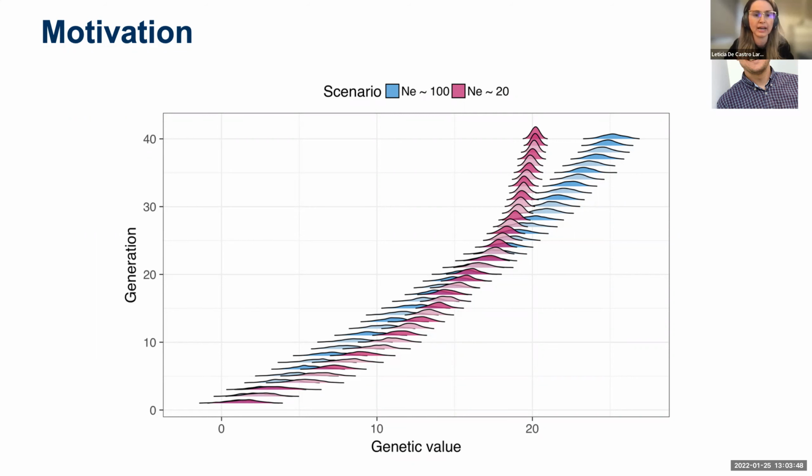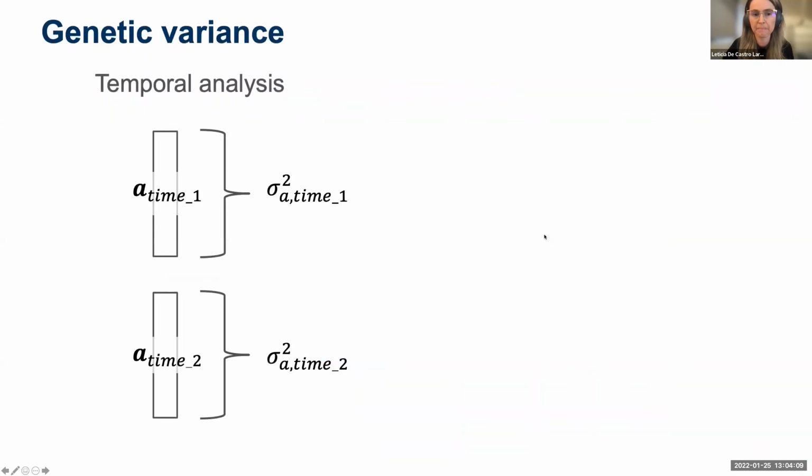So basically, they want to prevent situations where a well-functioning breeding program is outcompeted by other breeding programs that are managing their germplasm better, as we can see here for the blue versus the pink breeding program.